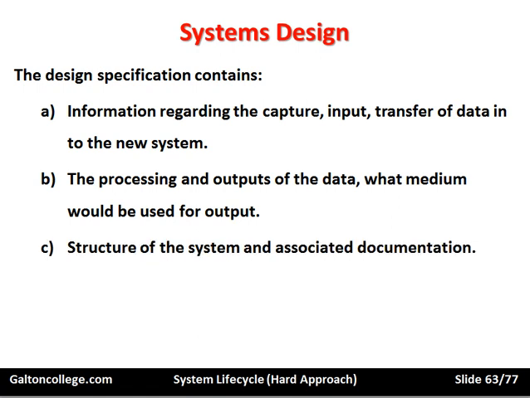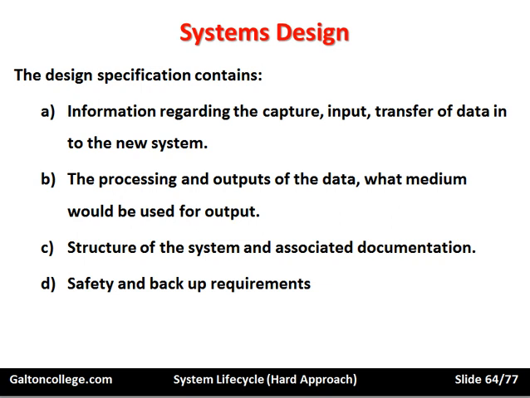It's important that the structure of the system and associated documentation are available. The system specification should have the structure of the systems clearly specified and all associated documentation available as well.